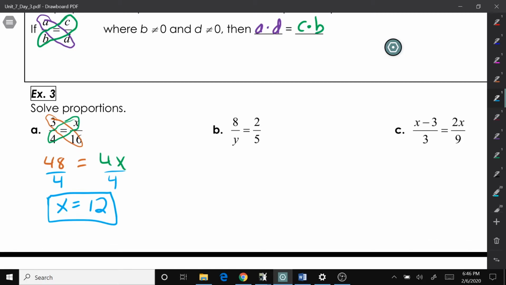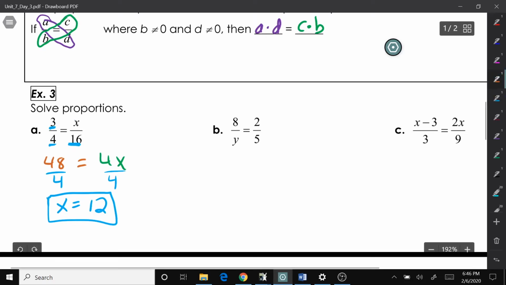Now, you could have also done, at the very beginning, said, wait, if I multiply this 4 times 4, that gives me 16. So if I multiply 3 by 4, that should get me 12, which is what we got when we cross-multiplied. But if you don't see that, that's okay, because you can always cross-multiply.